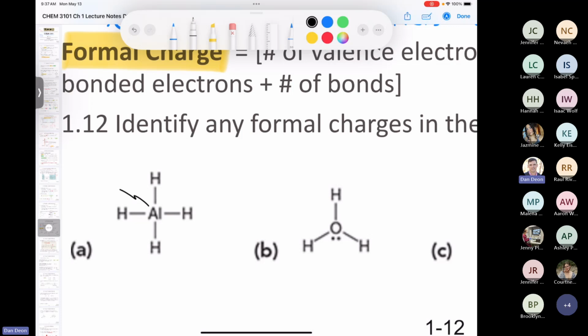So it has 3 valence electrons. So we take 3 valence electrons minus 4 sticks, 1, 2, 3, 4 sticks, minus, there are no dots on the aluminum. So 3 minus 4 minus 0 gives you -1. That tells you the aluminum has a -1 charge. Is there any charge on any of the hydrogens? Anybody?